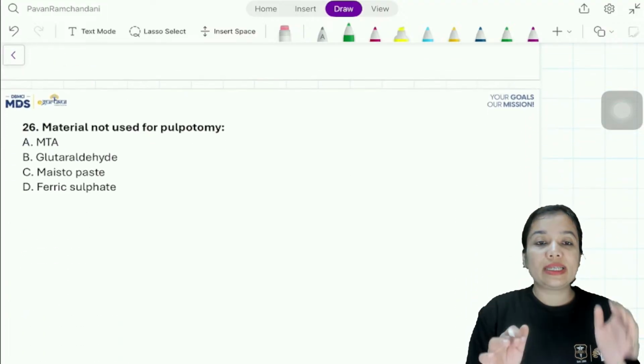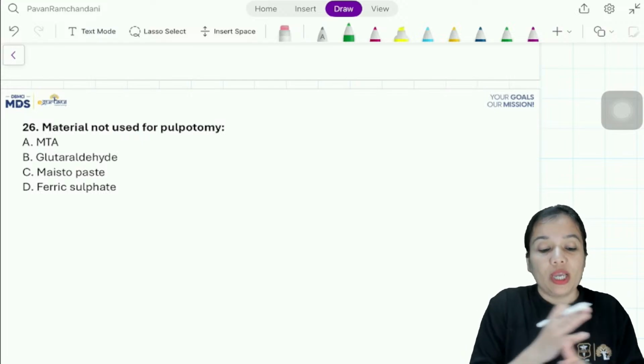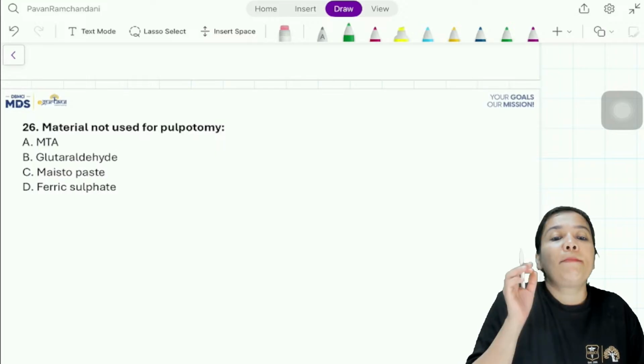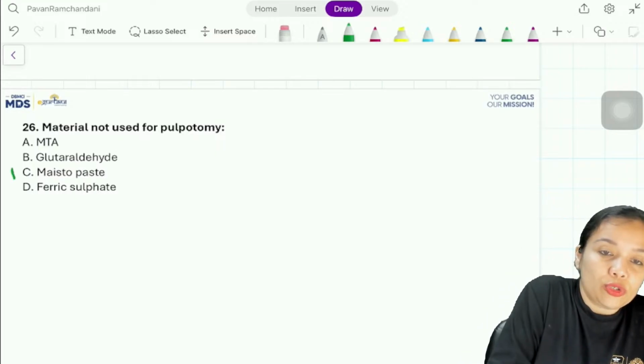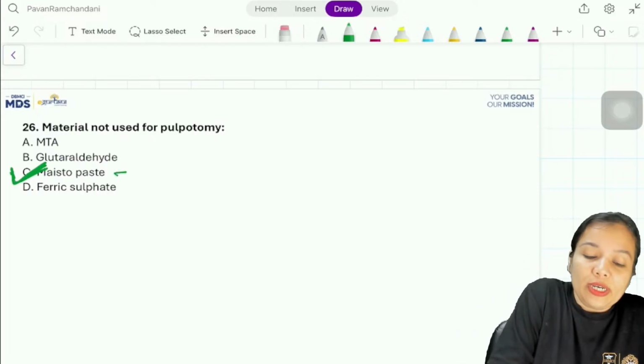Question number 26 is material that is not used for pulpotomy. So which material is not used? Maisto paste is not used for pulpotomy. Maisto paste is an obturating material.